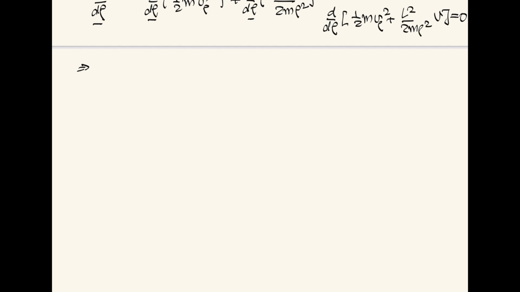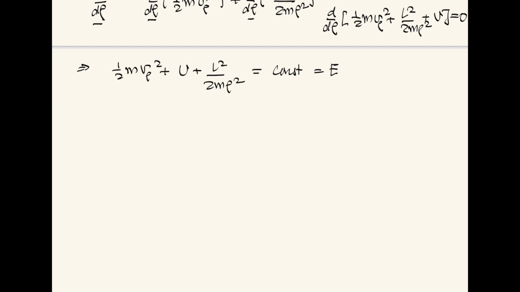Okay, that something must be a constant. So therefore I should have 1/2 m v rho squared plus, there is a plus sign here, plus u plus L squared by twice m rho squared is equal to a constant, and let's call that constant the total energy E.